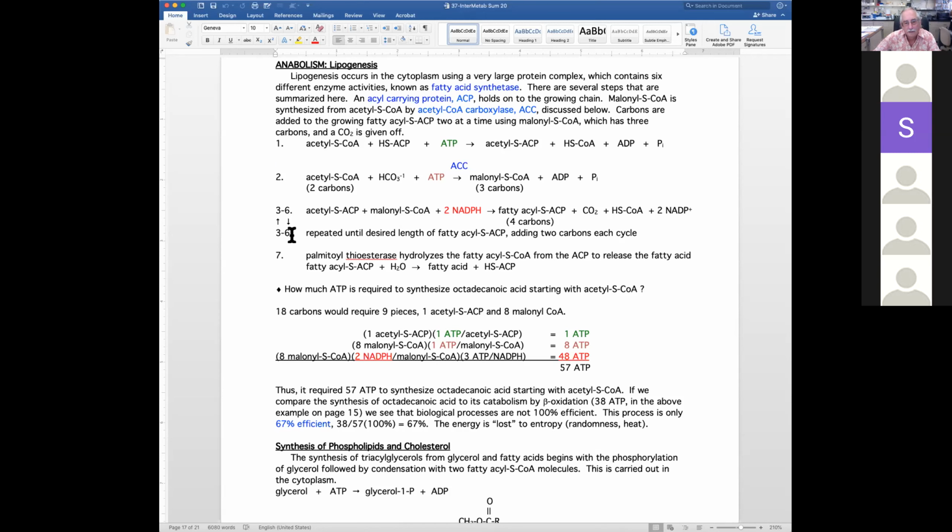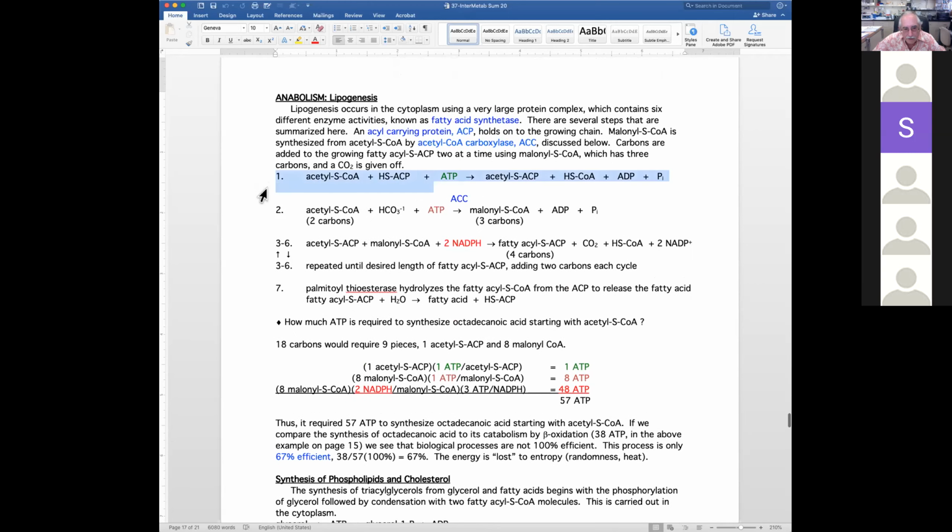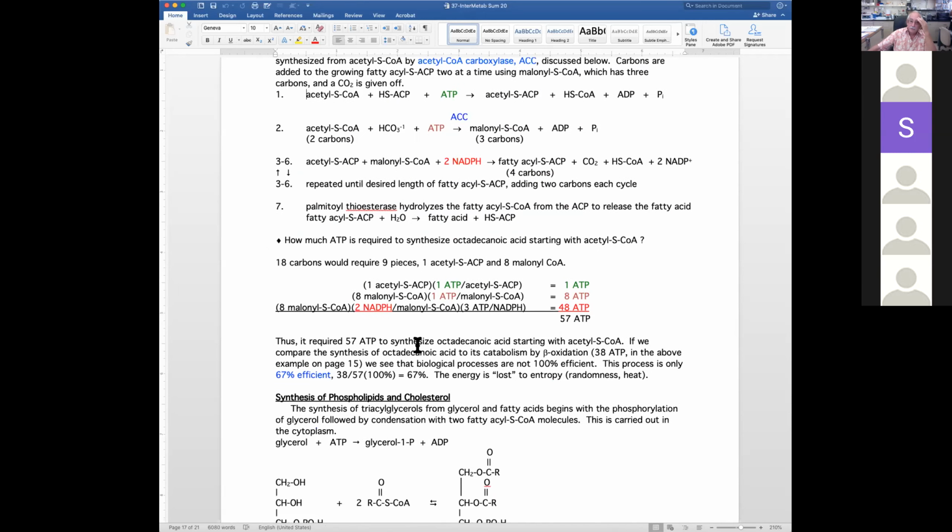And finally, an enzyme hydrolyzes the fatty acid CoA from the acyl-carrying protein to release the fatty acid as the fatty acid. So when I did this calculation here, I started at the level of acetyl coenzyme A. So how much ATP would be required to synthesize an 18 carbon fatty acid starting with acetyl coenzyme A?